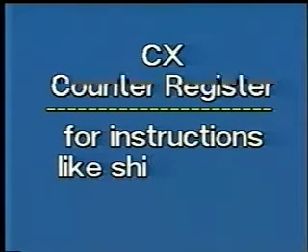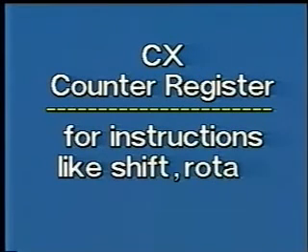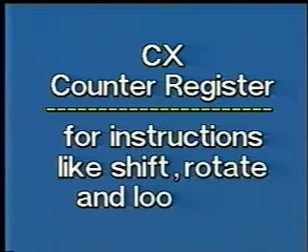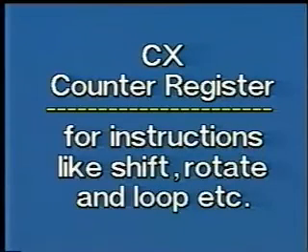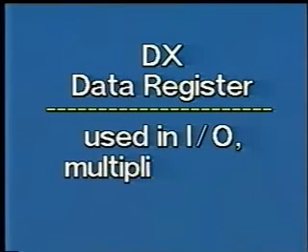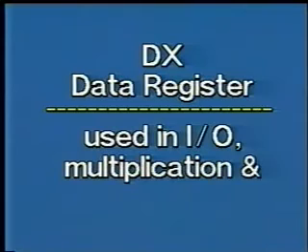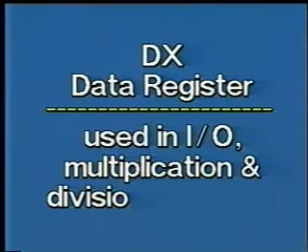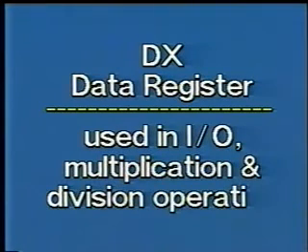CX is called the counter register, as some instructions like shift, rotate, and loop use the contents of CX as a counter. Data register DX has a special function in relation to certain I/O operations and in multiplication and division operations.